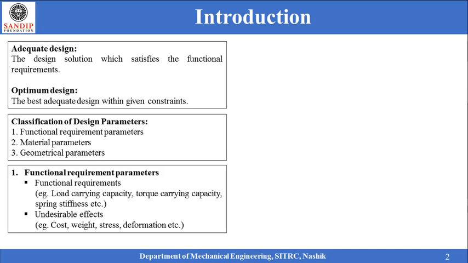Basically, undesirable effects are the negative functional requirements, which have to be minimized, and functional requirements have to be maximized. From this description, you might have understood that functional requirement parameters are generally the objective function of any design, which has to be either maximized or minimized.